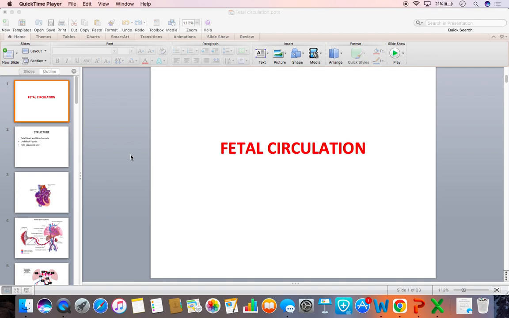There are umbilical vessels like one umbilical vein and two umbilical arteries, and placenta playing an important role as a role of lungs during the fetal life. So we try to touch upon these aspects of fetal circulation to understand clearly.